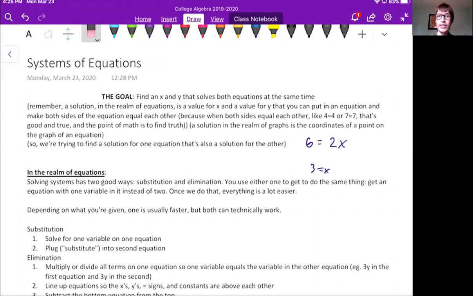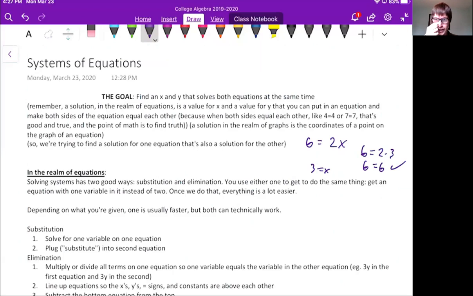The reason 3 is the solution is that if I plug 3 back into the equation, I get 6 equals 2 times 3, which gives 6 equals 6. I get a true statement. That's the reason why a solution is a solution, because it creates truth.